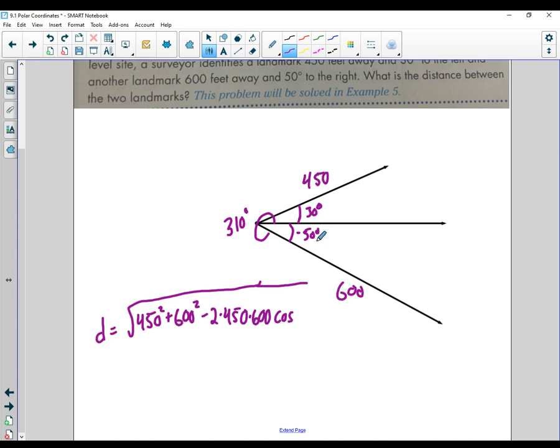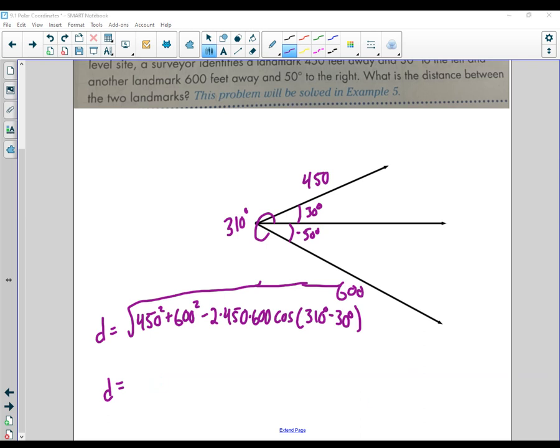It works either way. But I'm going to do 310 minus 30, which is 280. And so I'm just going to stick that in this calculator.